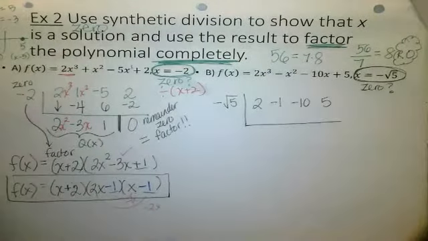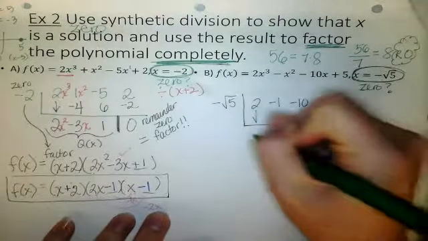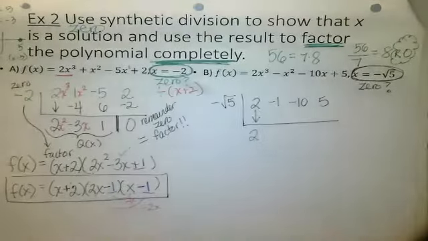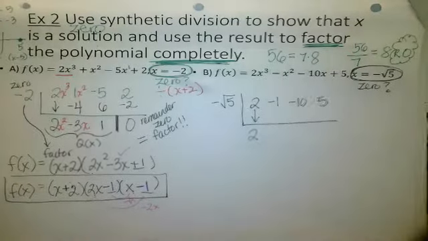Now this is where it gets real interesting. I'm going to bring down my 2, and then I'm going to multiply. What do you get when you multiply 2 times negative radical 5? -2 radical 5. Very good.